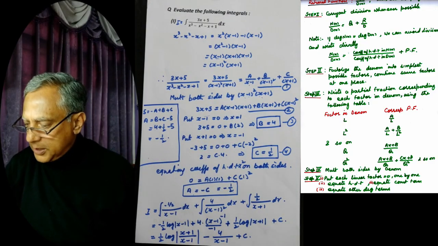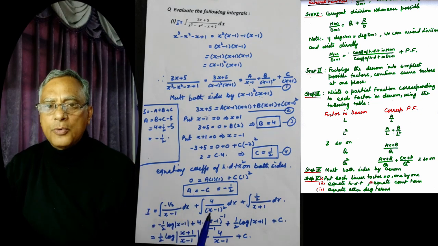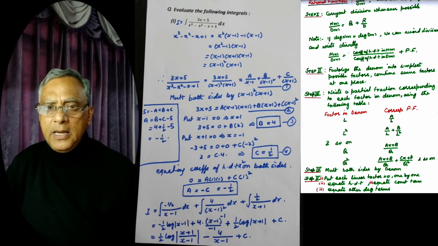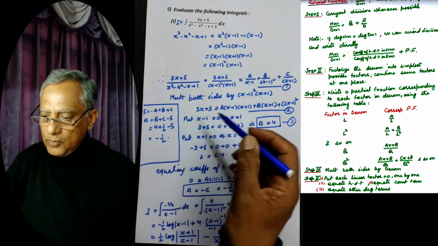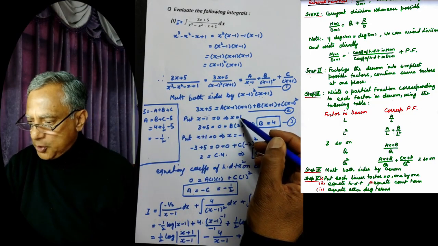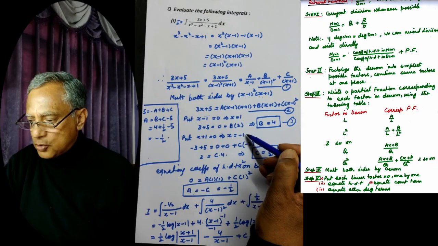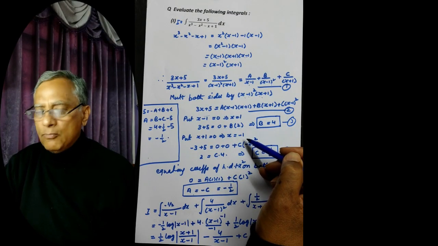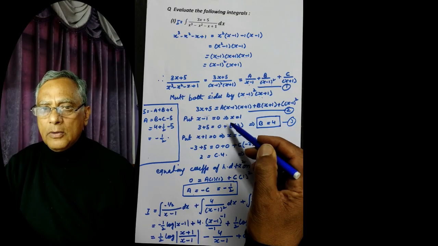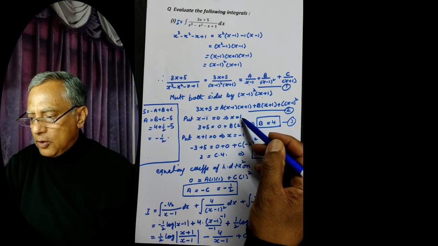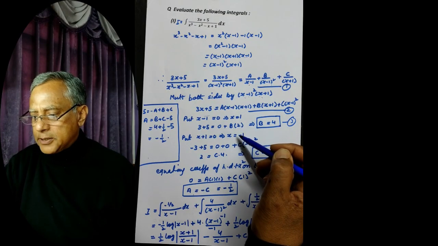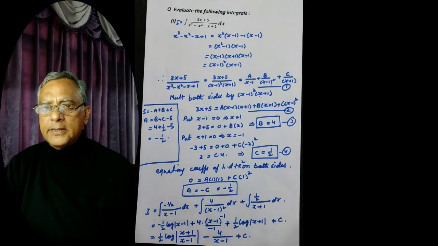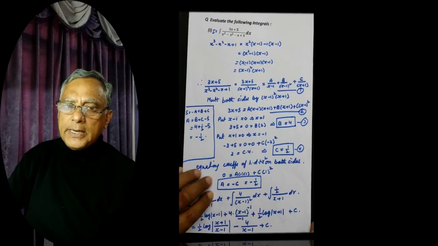Either equate the coefficients of highest degree term and then equate the coefficient of constant term and get the remaining constants, or you can generate equations by substituting other values of x, not 1 and minus 1. Put some other value of x which we have not substituted yet, get an equation and simplify this. You can also find the constant in this way.